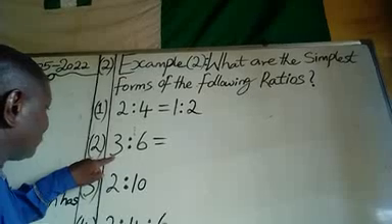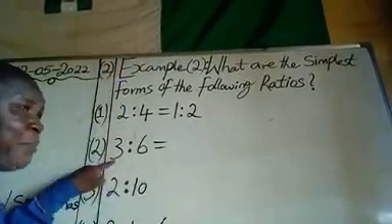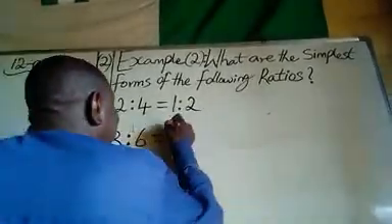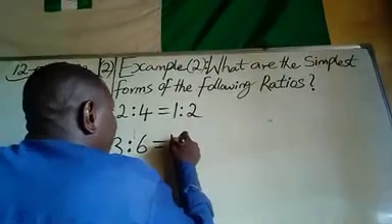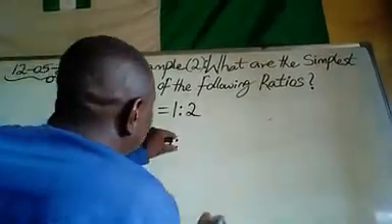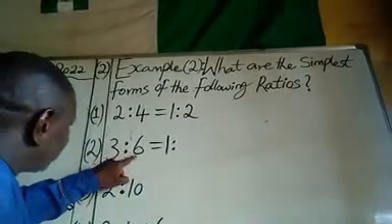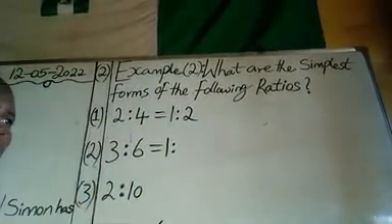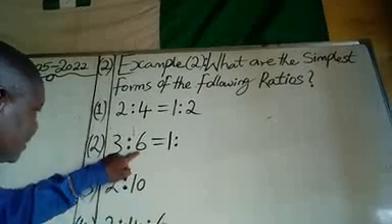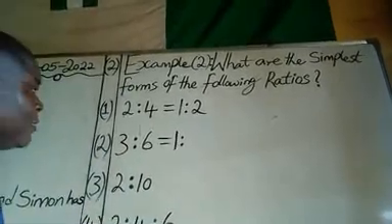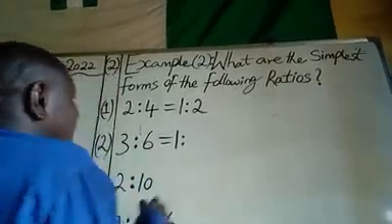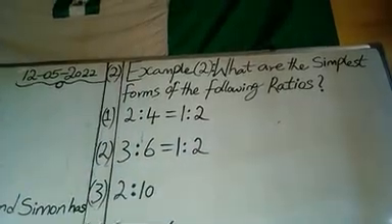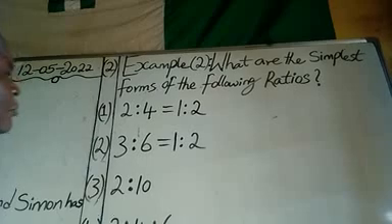This 3 divided by the 3 that I have selected. 3 divided by 3, the answer is 1. Put down the sign of ratio. Over to 6. 6 divided by 3, the answer is 2.